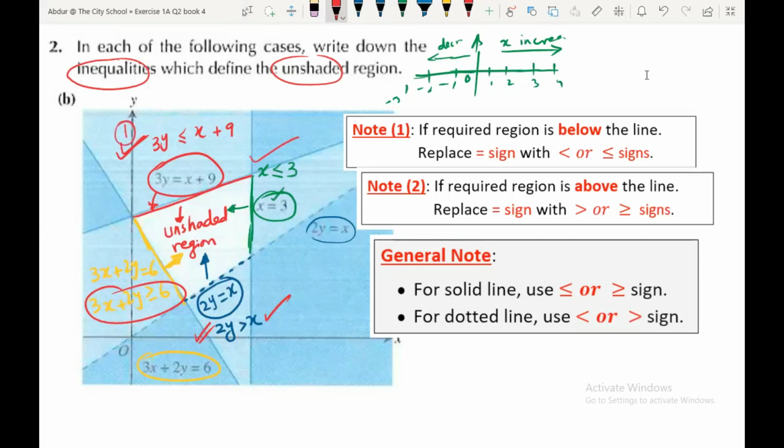Number one, 3y less than or equal to x plus 9. Number two is x is less than or equal to 3.